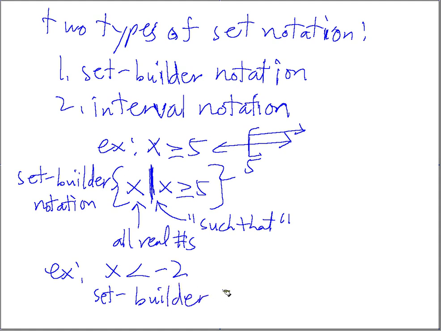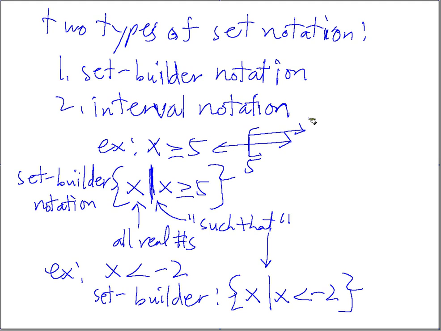Start off with the left brace again, all real numbers x such that, the vertical bar meaning such that, x is less than -2, and then close it off with the right brace. That's all set builder notation is: use the vertical bar for such that, and put the inequality into the set between the braces. So, all real numbers x such that x is less than -2.